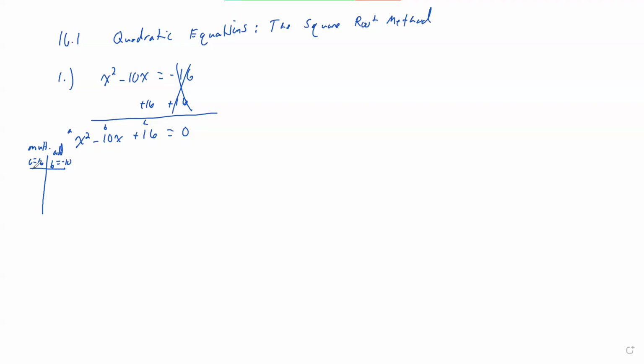So now I've got to come up with two numbers that will multiply to 16, but add to negative 10. Two times 8, perfect. So we get 2 times 8, which is 16, but how do I make it a negative 10?